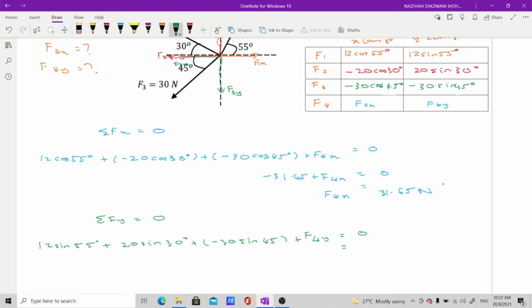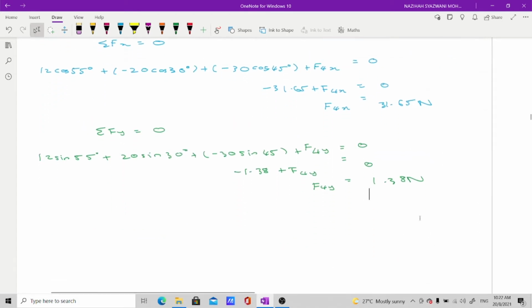So we have here negative 1.38 plus F4y equals 0. So F4y is negative 1.38 Newton. Sorry, it should be positive, because you bring your negative sign to the right. So F4y is positive 1.38 Newton.